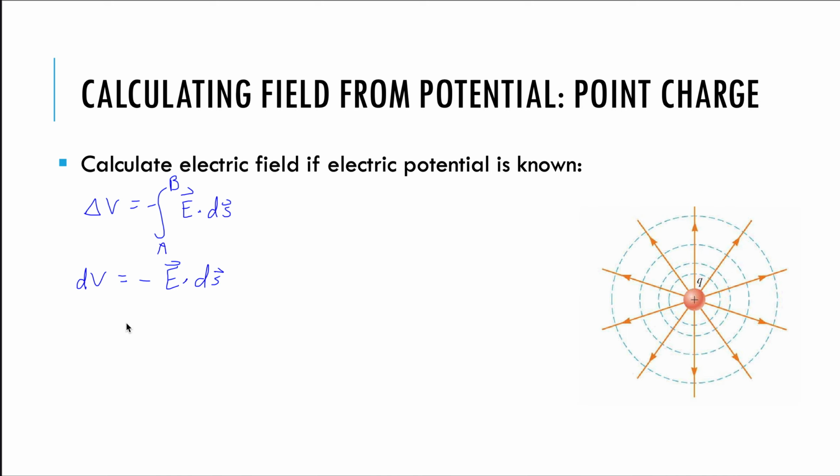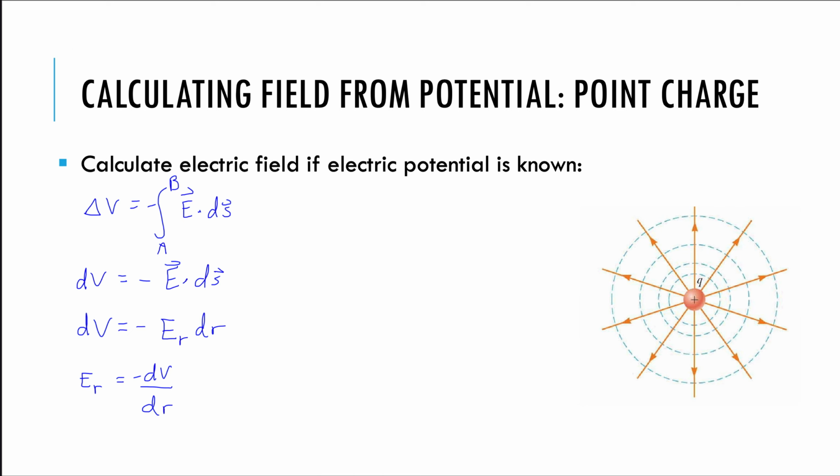So if we're looking for E dot ds in the case of a point charge, we know that this is going to give us E sub r dr, where dr is the component of ds that's along the field direction. And so from this, we can see that E sub r is going to equal negative dV over dr. As we expected, the electric field is the derivative of V with respect to r.